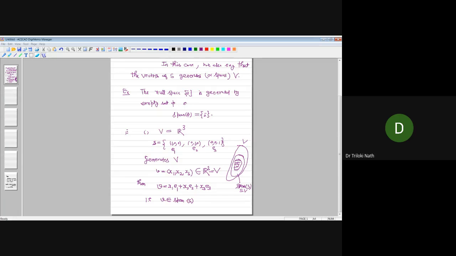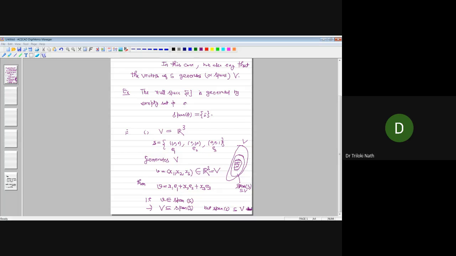So you see every vector of V belongs to span S, and this implies the whole space V is contained in span of S. But you always know that span of any set S of V is always contained in V, isn't it? This always holds, right?